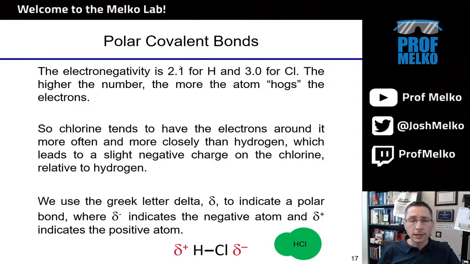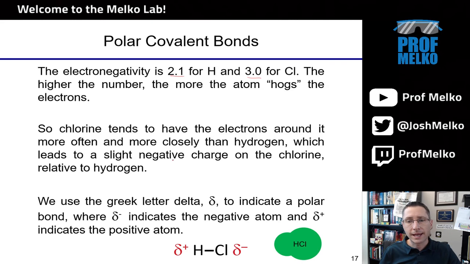Here the slide is comparing hydrogen and chlorine. Chlorine is higher electronegativity-wise, so it hogs the electrons. You can imagine this as the electrons orbiting the atoms might spend more time around chlorine than they do the neighboring hydrogen. Both atoms have access to the electrons, but they're spending more time closer to chlorine than hydrogen.